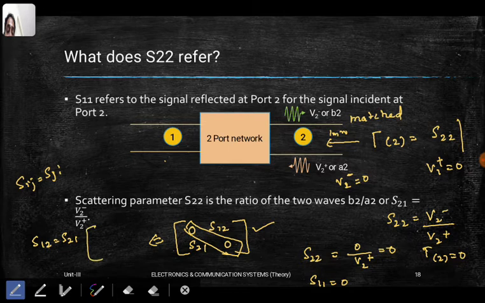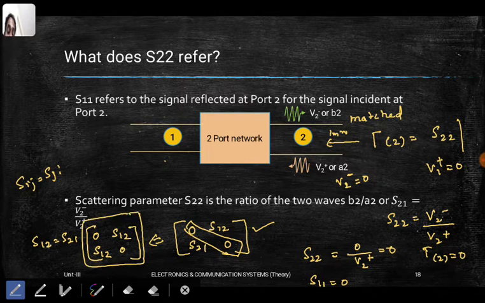In that case I can write the S matrix as 0, S12, S12 again, because S21 equals S12, and again 0. So this is a symmetric and also matched two port network. Whether it is lossy or lossless, we can find out with some property that we will see shortly.